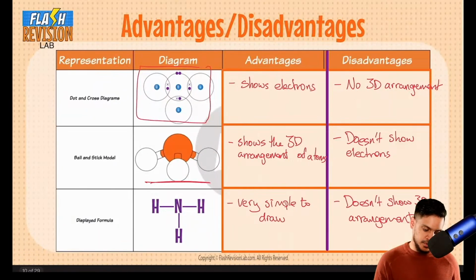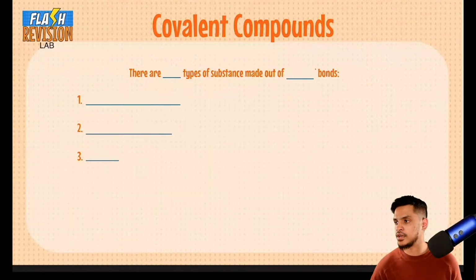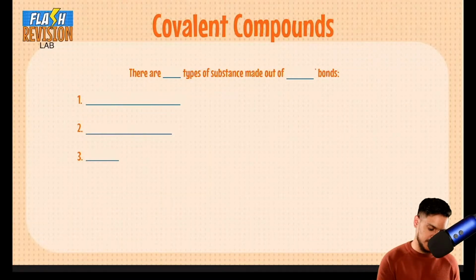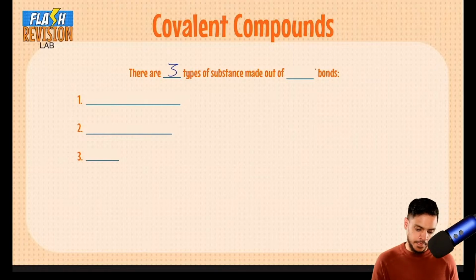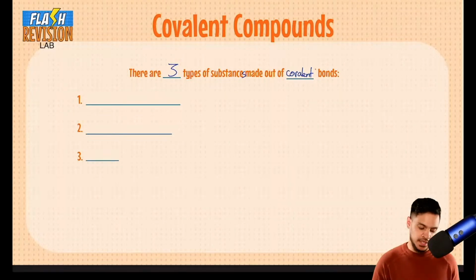Okay, let's move on. So we talked about what covalent bonding is and how it occurs. Let's talk about the actual covalent compounds that you can come across. There are 3 different types of substances made out of covalent bonds.